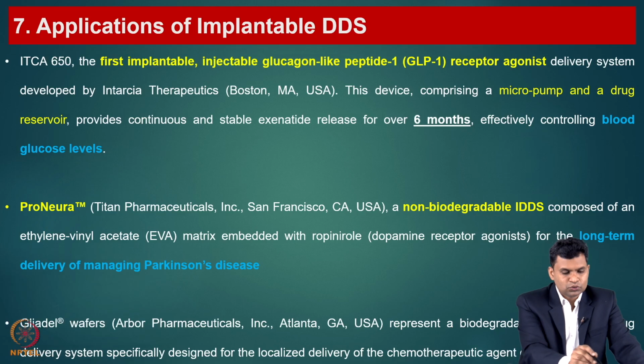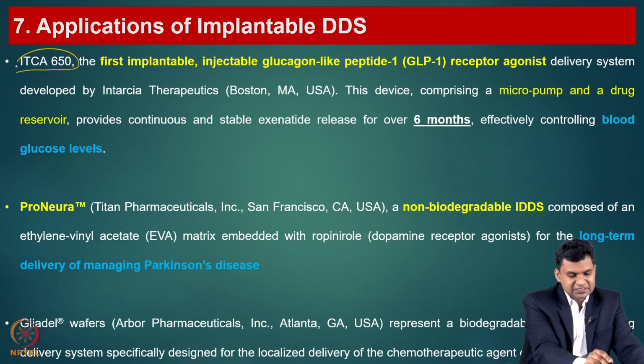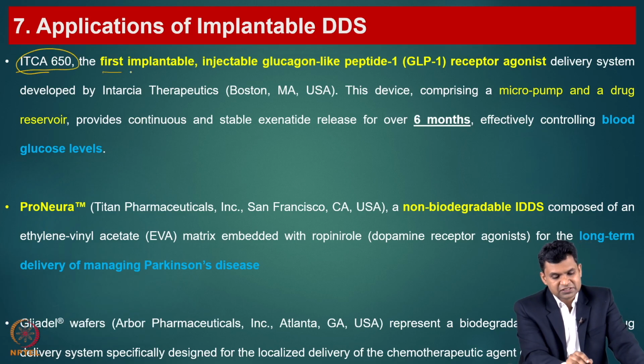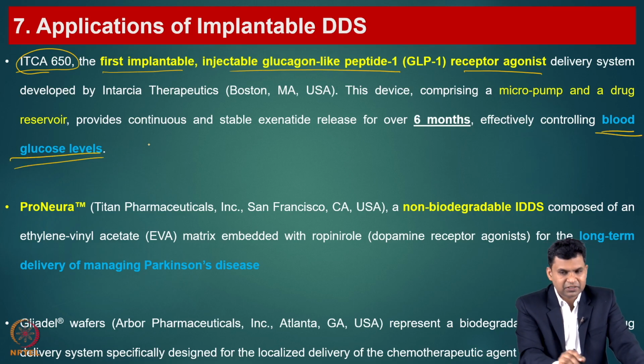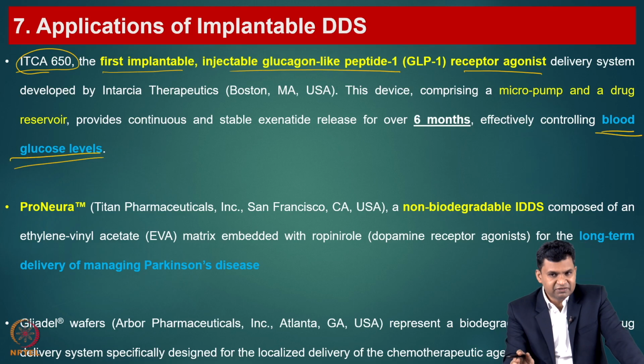So, this is ITCA 650, the first implantable injectable glucagon-like peptide receptor agonist, used for the treatment of diabetes, that is, high blood glucose levels.